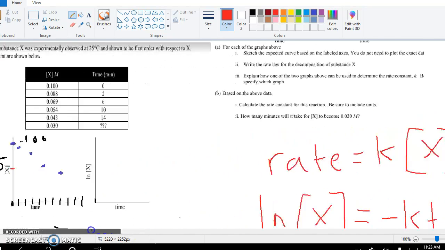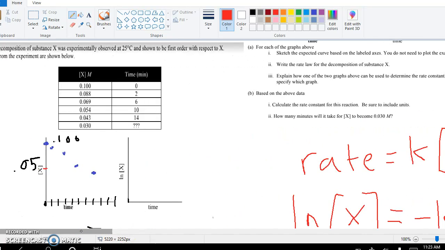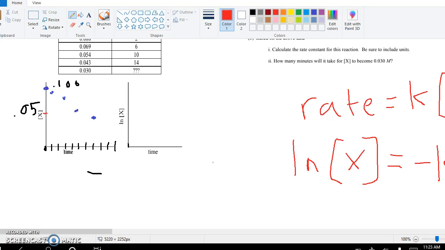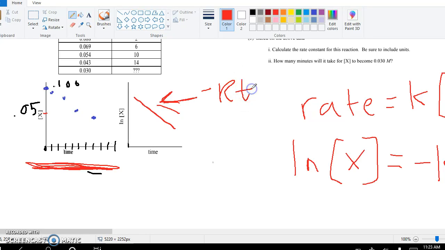We can find the slope, but that would be the tangent, and it would be the instantaneous rate if we're talking about this graph. But if we plot this, we get a negative slope, a straight line, and that is equal to negative K times time.